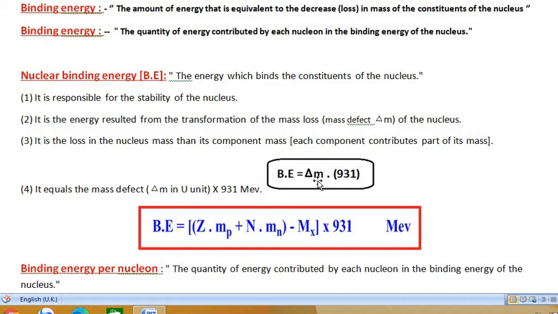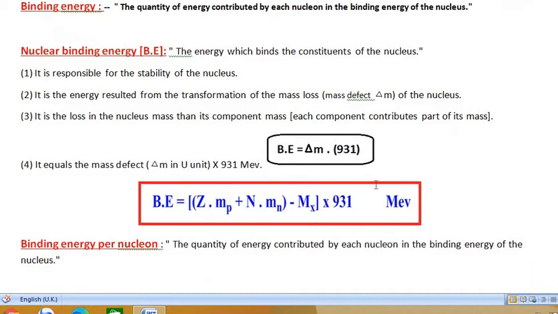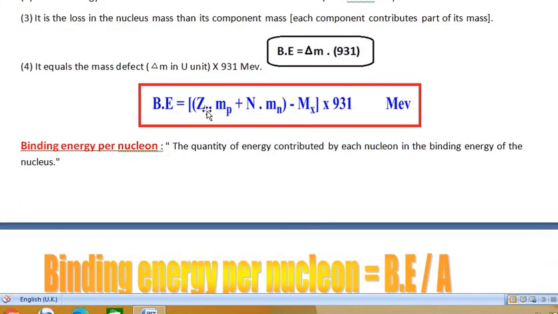Multiply this mass in atomic mass units by 931 to get the binding energy in million electron volts. These are the details of this law.